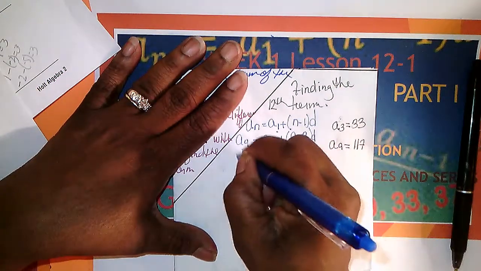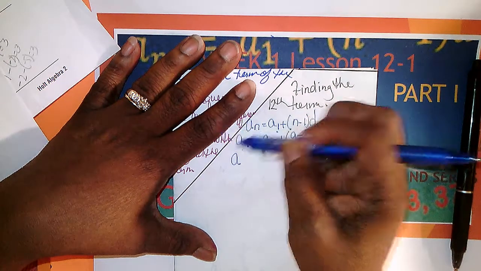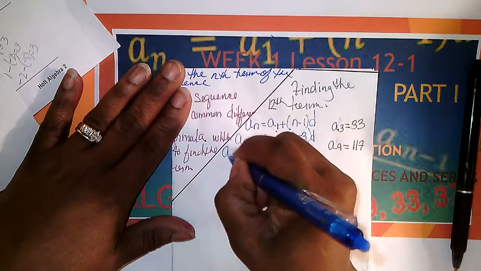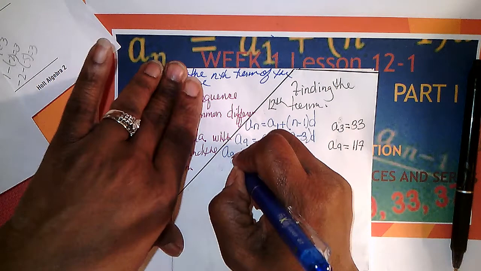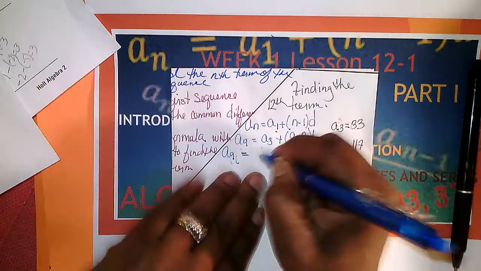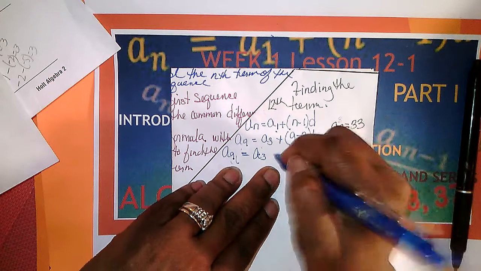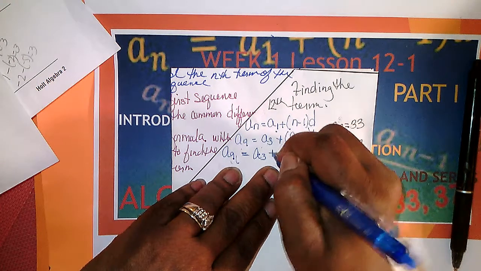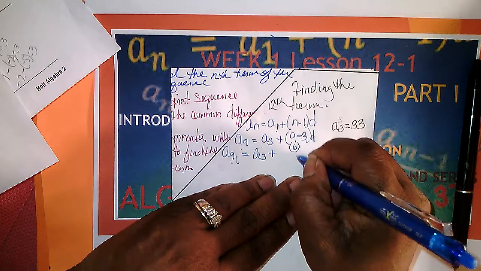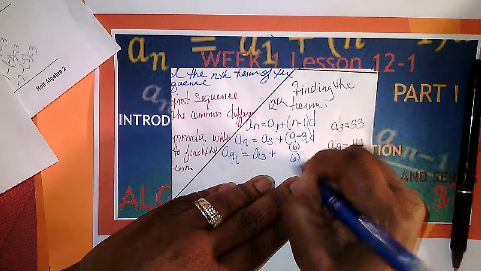So now we have a9 equals a3 plus, 9 minus 3 is 6, and so we have 6d.